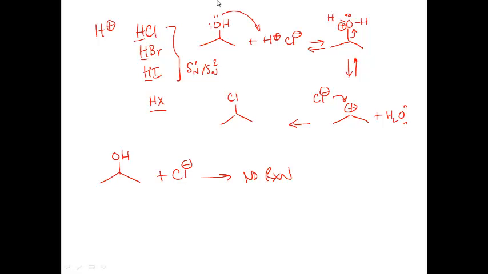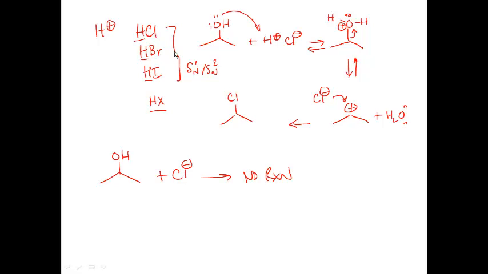Before I just had alkyl halides, but now I have an OH group that can leave. The only issue is I've got to protonate it with acid first. So we could do substitution. We could do SN1 like I did here. We could do an SN2 reaction, like reacting a primary alcohol with H plus and Br minus.